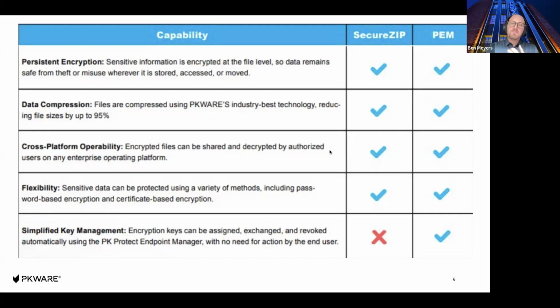All right. The second big thing that PK Protect offers is a brand new way of key management. If you think about SecureZIP, there's still a need from a customer level to maintain your private and public key infrastructures. If you're using certificates, you have to renew those. You have to make sure that the right certificate is available on everyone's endpoint if you're going to decrypt information.